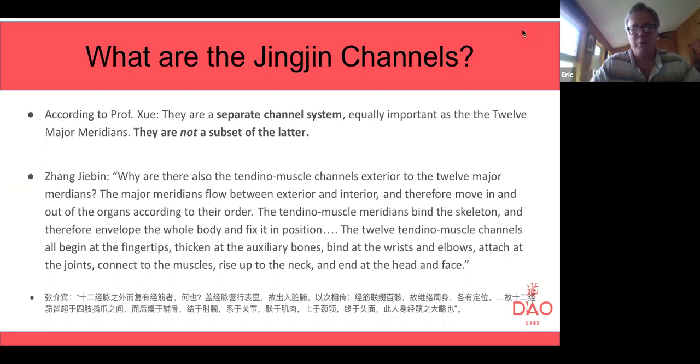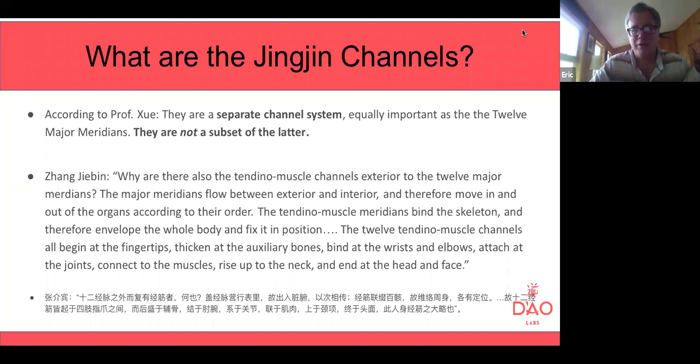Instead, there really should be an independent, separate system of channels. Now, this gets into the technicalities of how you read the Yellow Emperor's Inner Canon and how you understand it. But just tuck that away as an important fact here. You just have to accept it for the moment. But he really argues they're not a subset of the 12 major meridians as we typically think they are.